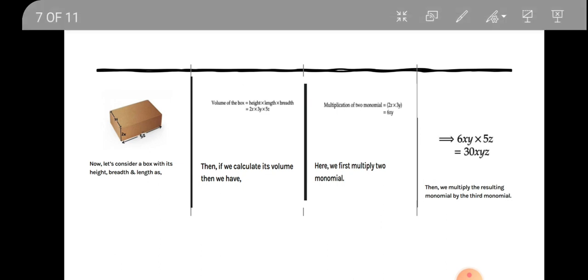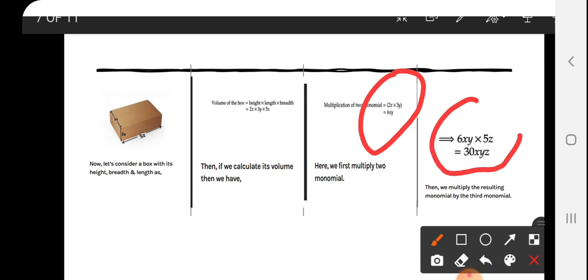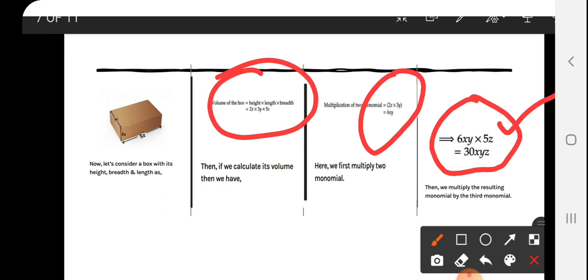That means 2x into 3y is 6xy, and this 6xy multiplied with 5z will give you 30xyz. That is the multiplication of three monomials, but the answer is still a monomial.